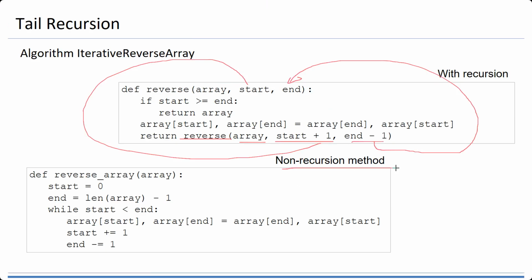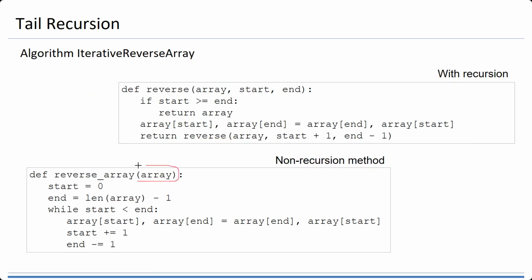If we use the non-recursive method, you specify just the array, the array that you are going to use, and let's assume that we want to swap all the elements. Then the starting index will be 0, and the ending index will be the length of the array minus 1. And then we check: while start is less than n, we do the swapping.